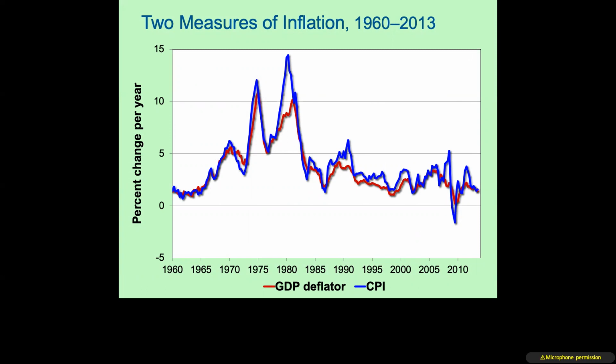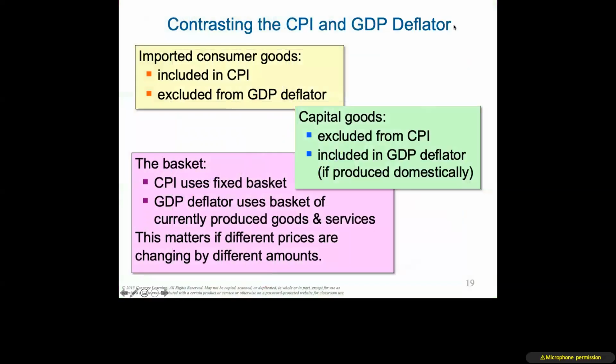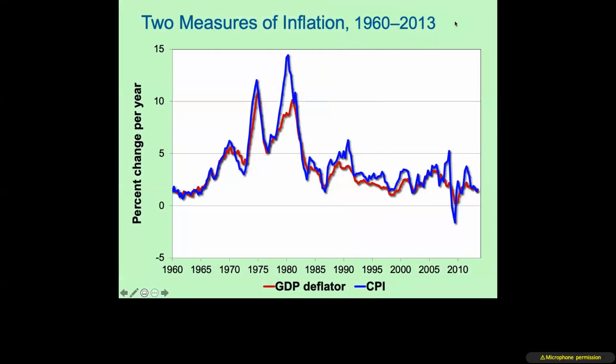But one of the things that's great about this is because we have two measures of inflation, by knowing when they don't follow each other or when one's lower than the other or one's higher than the other, because at some points right down here in 1970, your CPI was lower than your deflator.